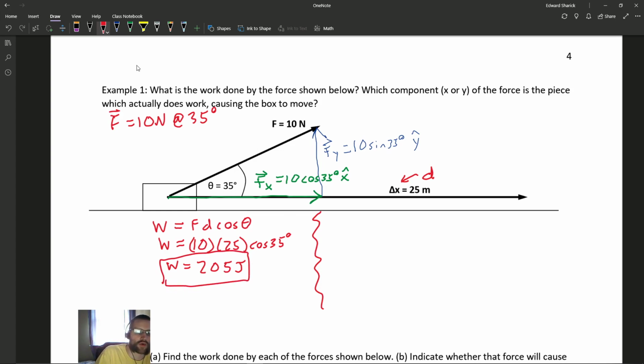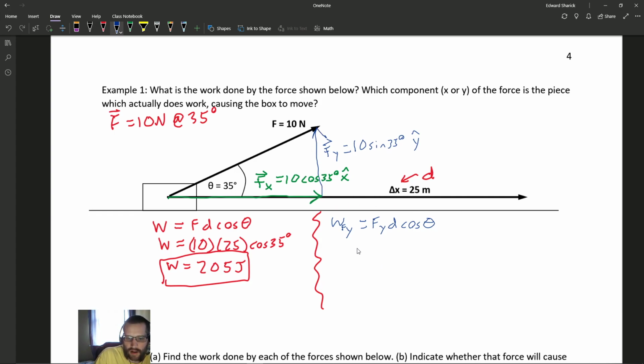Now there's an alternative way of doing this, which I do want to show you, which is in terms of its components. The other way is to look at the amount of work that each component does. I can look at the y component first. The work done by the y component, work of Fy, is the value of that force y times distance times cosine of the angle between my force y and my displacement.